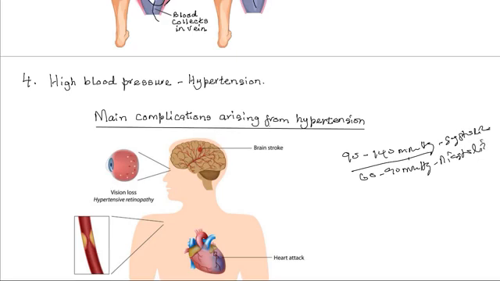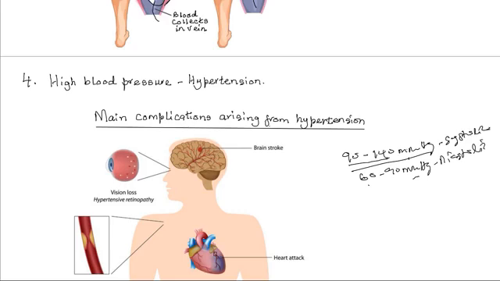That is, when the ventricles contract, this is the range of blood pressure that is generated, and when the ventricles relax, the range of blood pressure present in the circulatory system is between 60 to 90 millimeters of mercury.